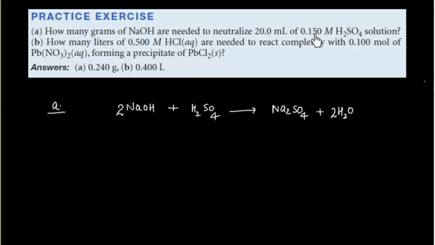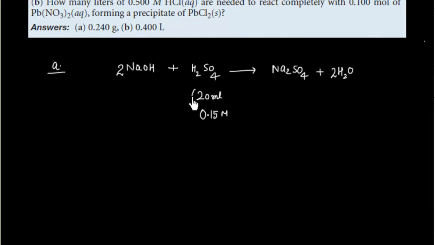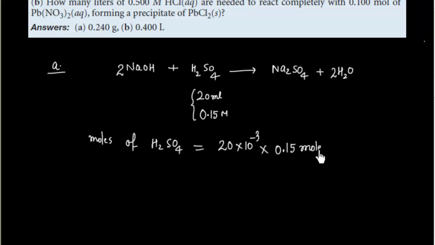We can calculate the moles of H2SO4: the volume is 20 ml and the molarity is 0.15 M, so 20 milliliters converted into liters, into 0.15 moles.